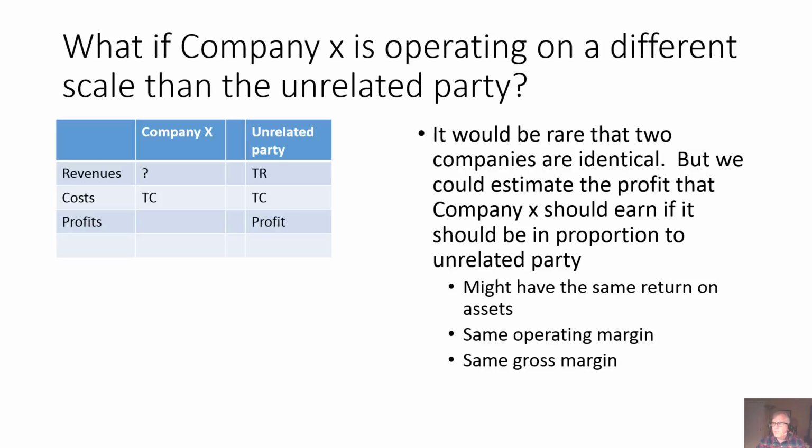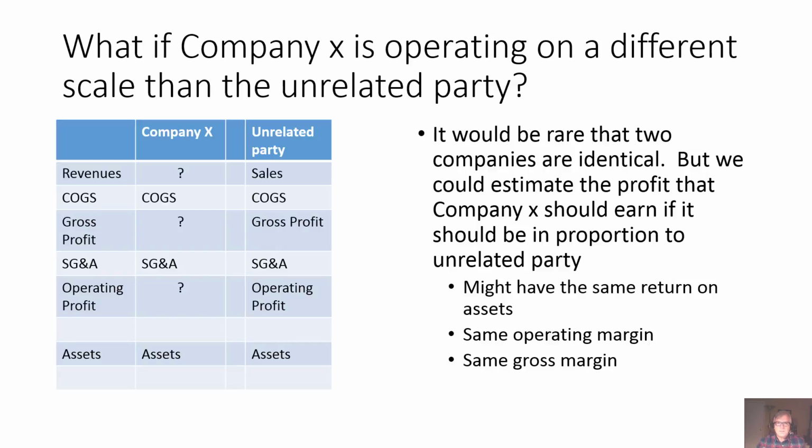Or maybe they should have the same operating margin. Or maybe the same gross margin. We have a few different ways we can think about this problem, and we'll talk more about which way you might pick in the future. But right now, let's just think of all of them as potential cases. Let's flesh out what the income statement would actually look like for these two entities.